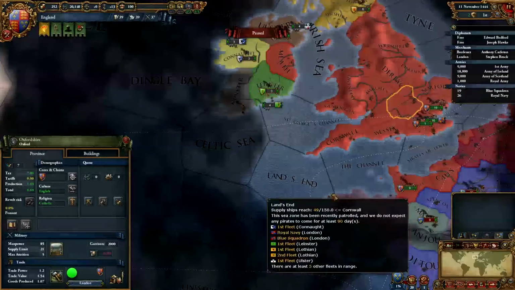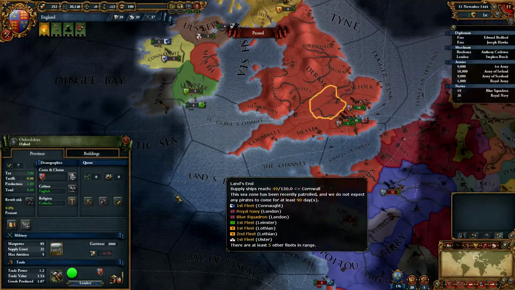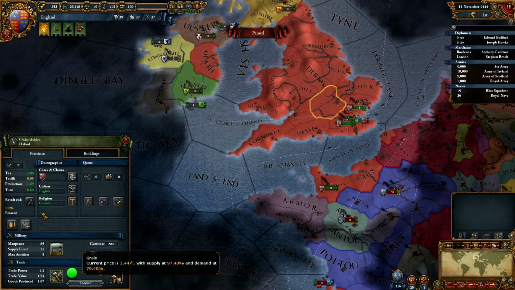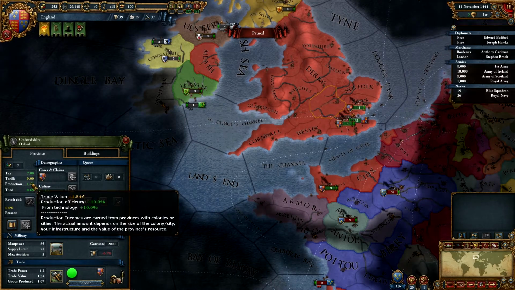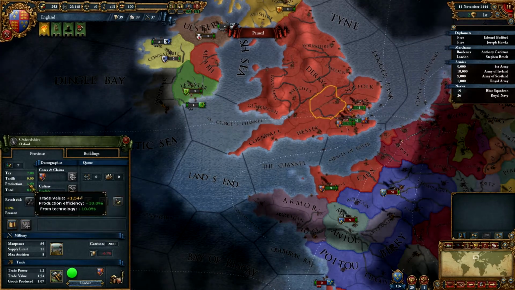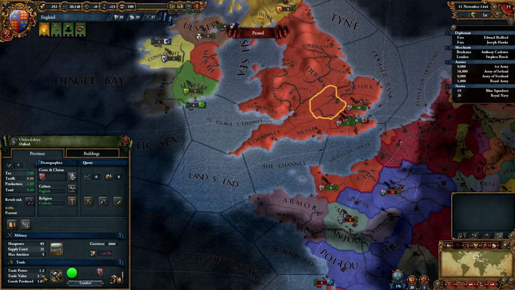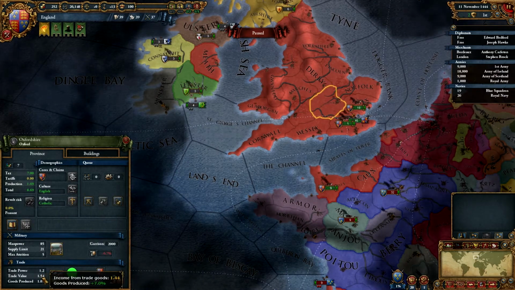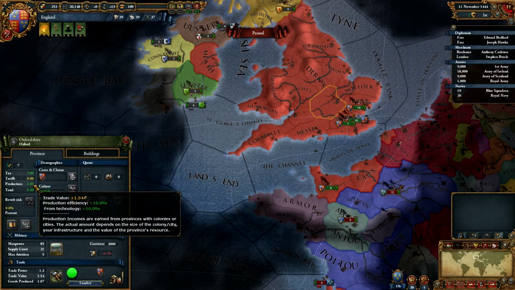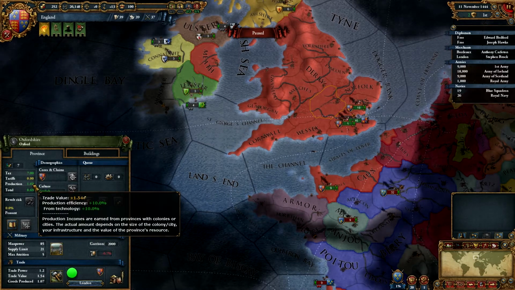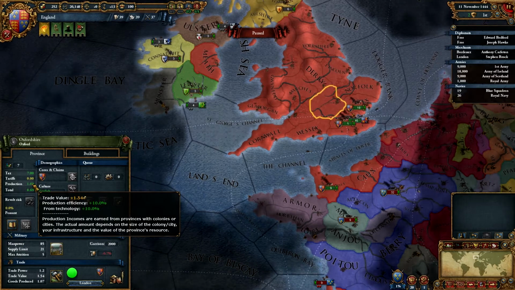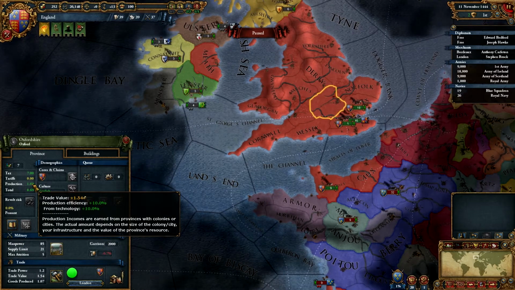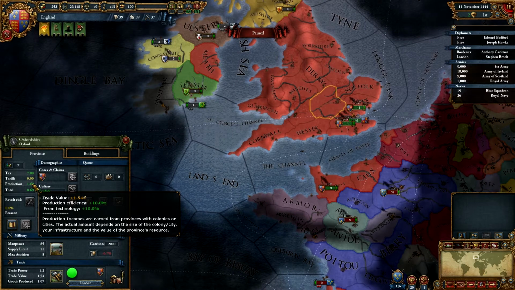So how do we figure out how much we're actually making on these products that we're selling, the grain in this particular instance? We'll take a look here at the production in the province. We figured out that we were trading for 1.54, and we get another plus 10% production efficiency. The first one where it says production efficiency is actually the calculation.